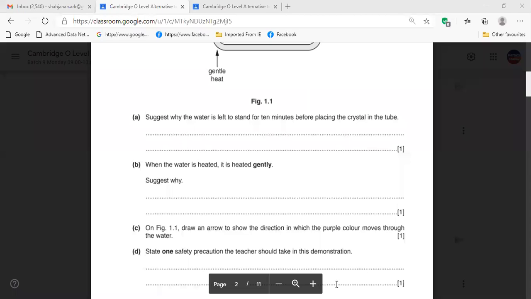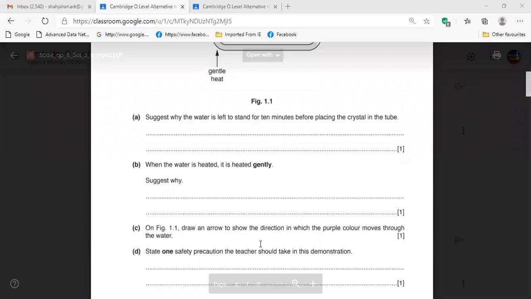Sir, so that the color would spread thoroughly, or the heat will spread thoroughly. Say again, Abir: the color would spread thoroughly, slowly.